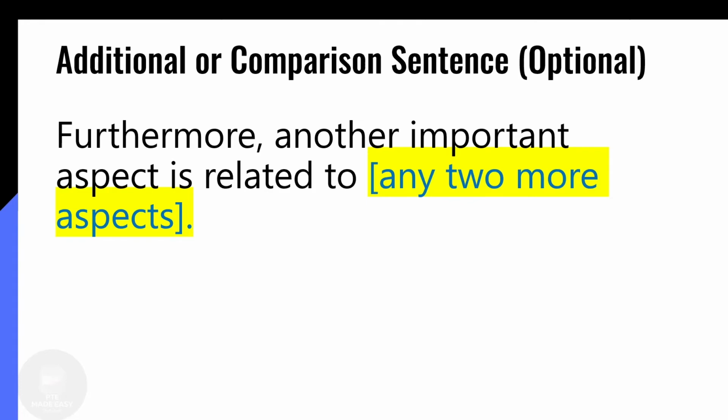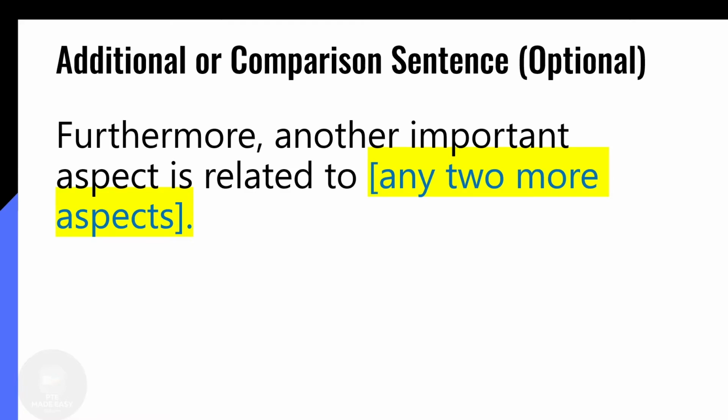So I can see that it says, furthermore, another important aspect is related to, then I give any two aspects. I can just mention two aspects, or I can make a comparison by saying comparatively, or I can also say respectively if needed.